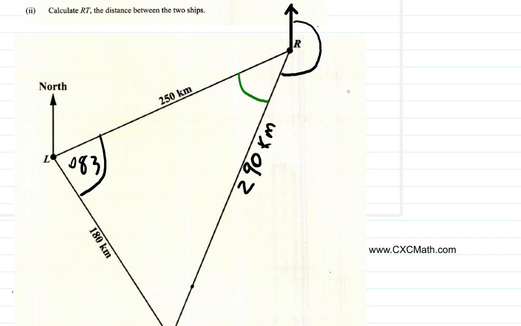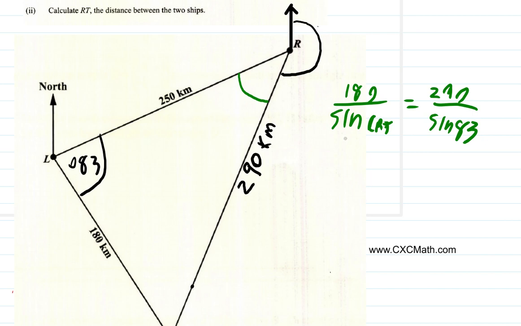So, let's say you have this side, 180, over the angle opposite to it, sine LRT, equals the side which is 290 over the sine of the angle opposite to it, sine 83.